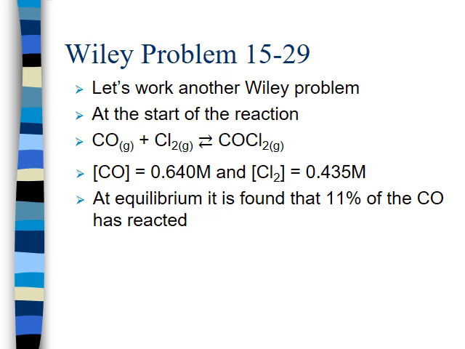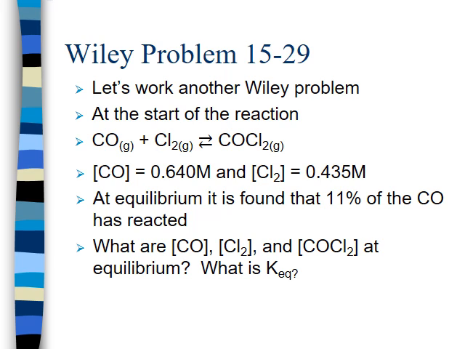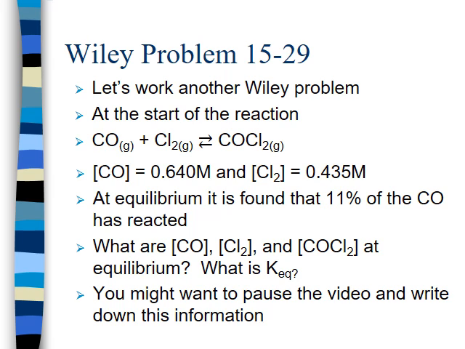It's kind of a side note. They give us that the carbon monoxide concentration is 0.64 molar, the chlorine concentration 0.435 molar. At equilibrium, they say that 11% of the carbon monoxide has reacted. What are the carbon monoxide, chlorine, and phosgene concentrations at equilibrium, and what is the equilibrium constant?